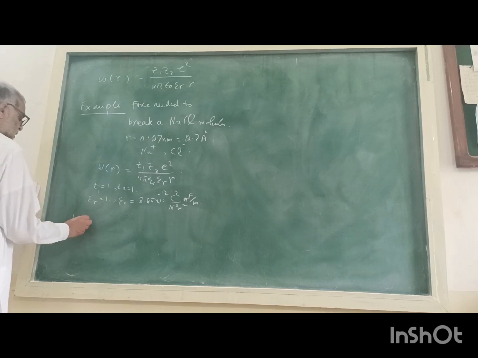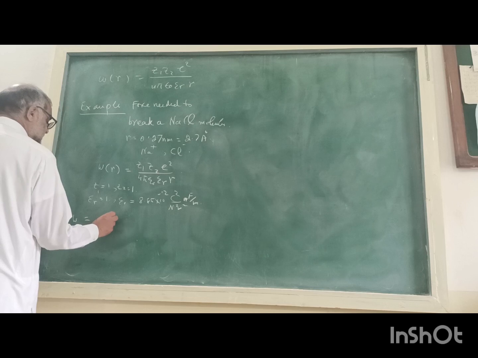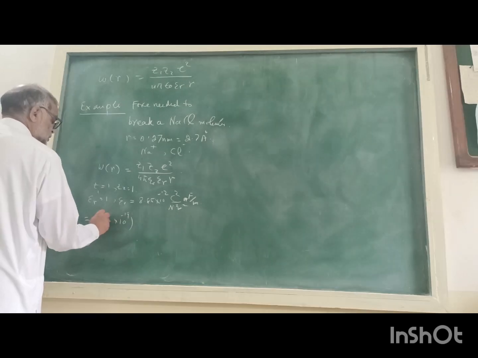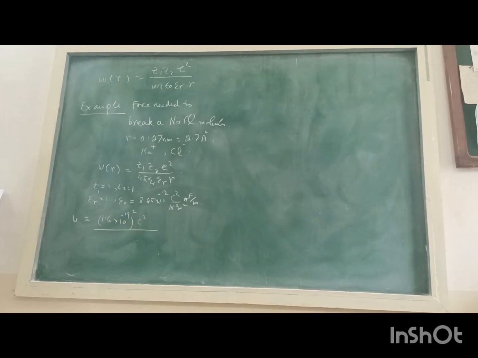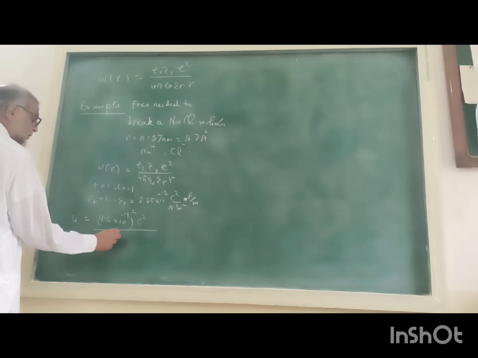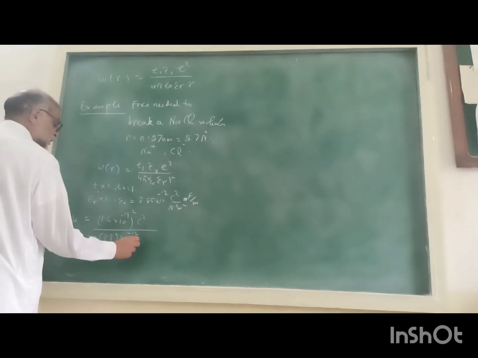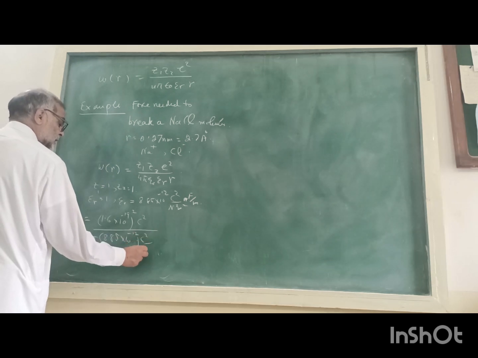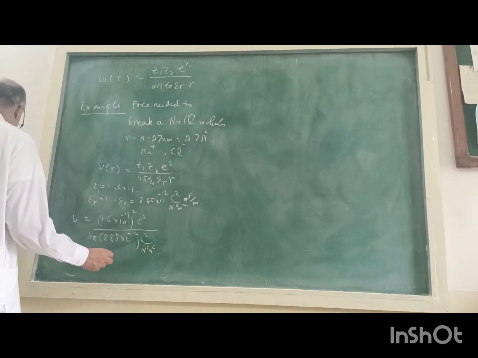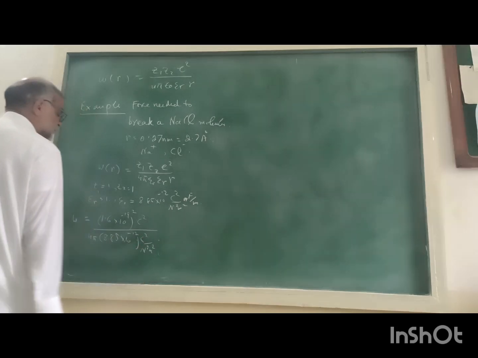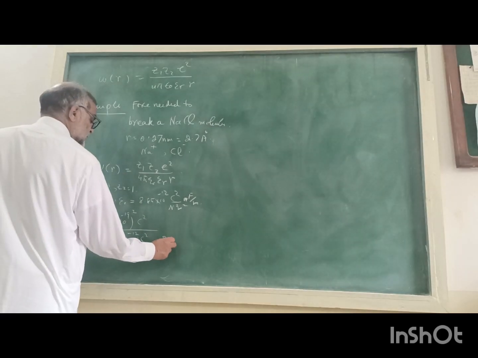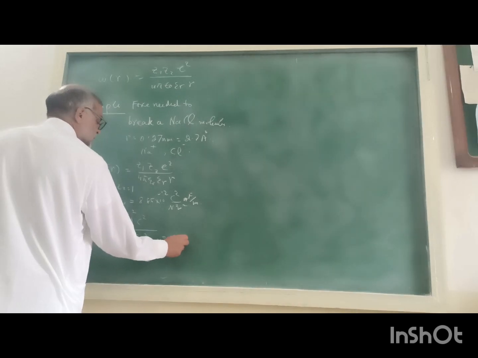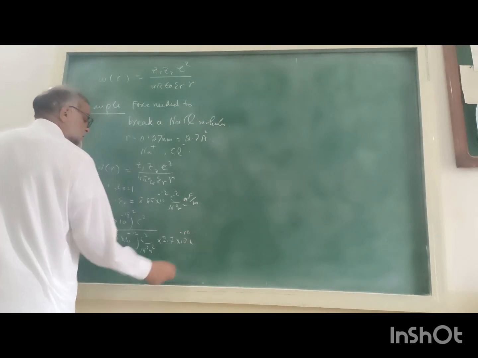So we put it there. W will be equal to 1.6 times 10 to the power minus 19, whole squared, coulomb squared, over 4 pi, and 8.85 times 10 to the power minus 12 coulomb squared per meter squared, and the distance, which will be 2.7 times 10 to the power minus 10 meter, right?